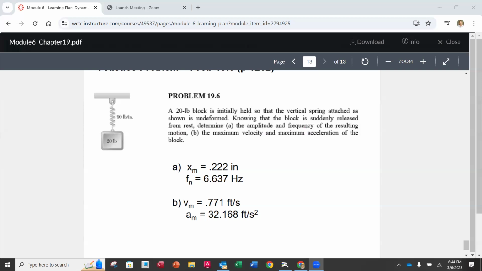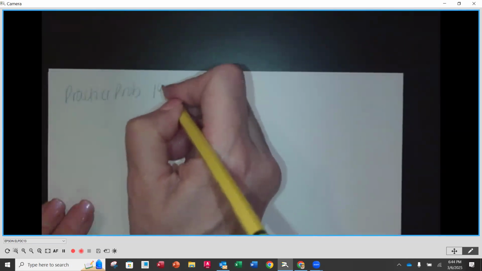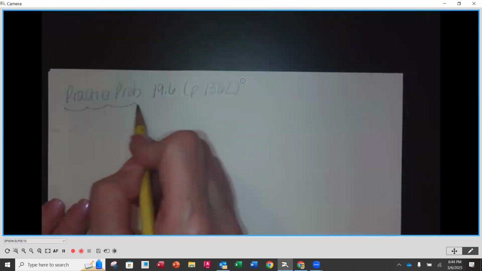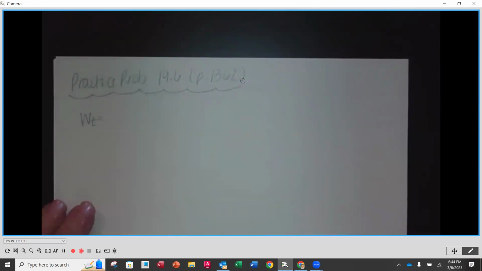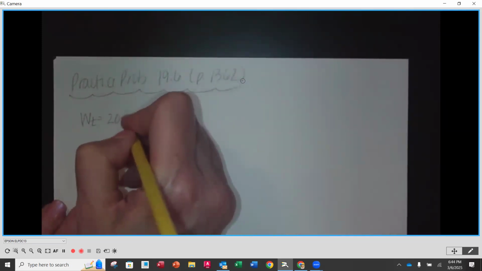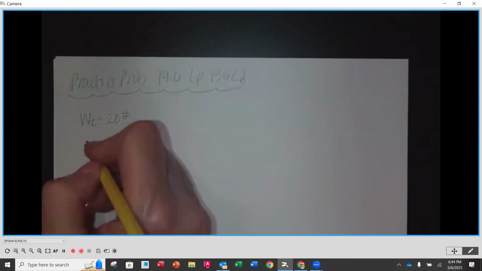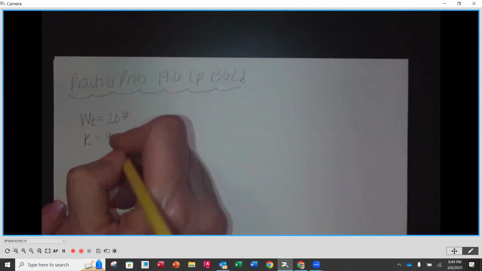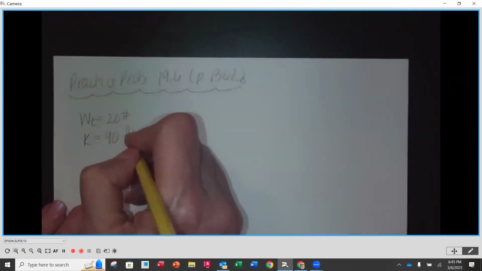Okay, so we'll go underneath and get this one set up. This is practice problem 19.6. Again, this is on page 1362. Now, we know that the weight of that block is equal to 20 pounds. The K factor for the one spring, so we don't have to do any equivalence, is 90 pounds per inch.